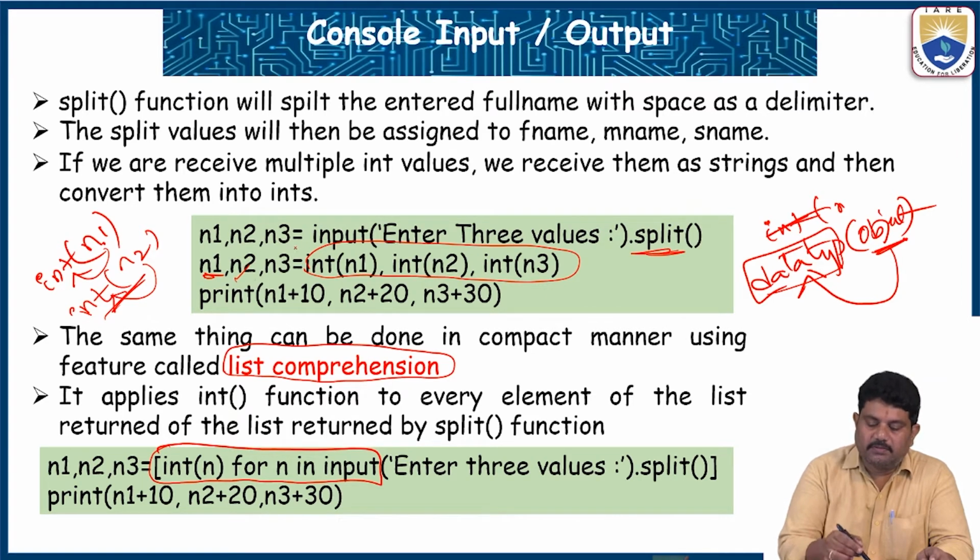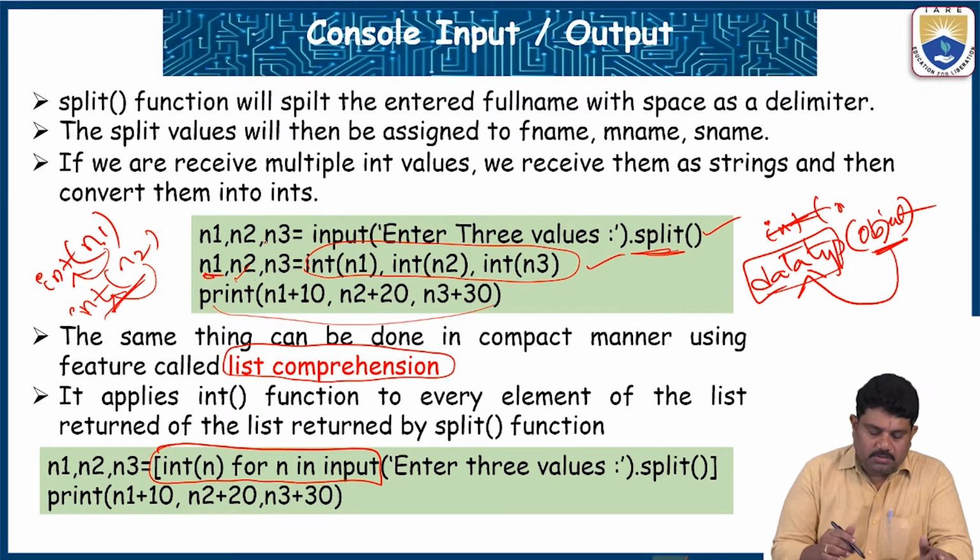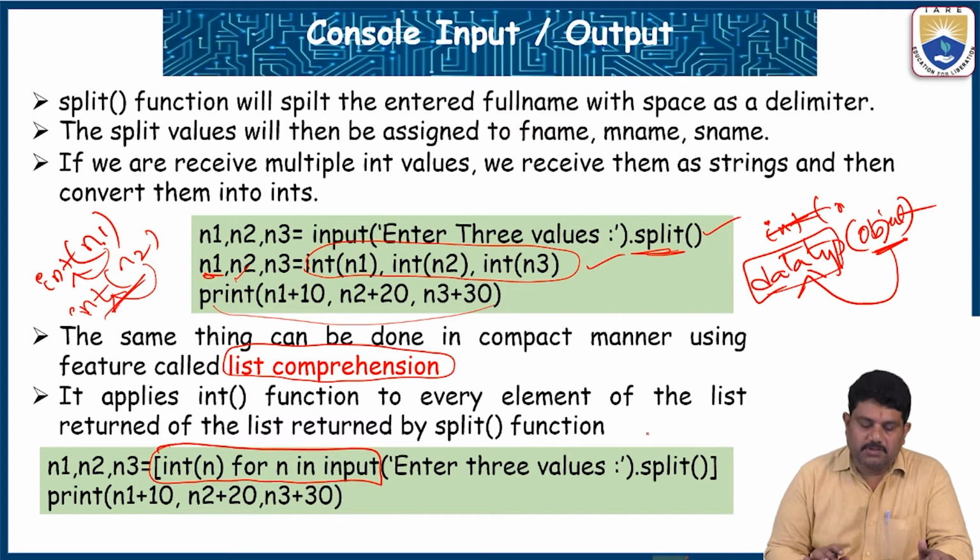So here we've written three lines of code. The first line is for inputting, the second line is for converting, and the third line is for performing the operations. Okay, this is common in both the cases. You leave it, and instead of writing two statements, within a single statement we can achieve the same result here also. Int of n for n in input.